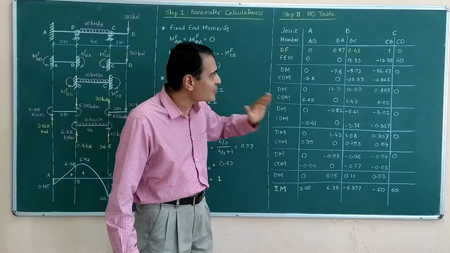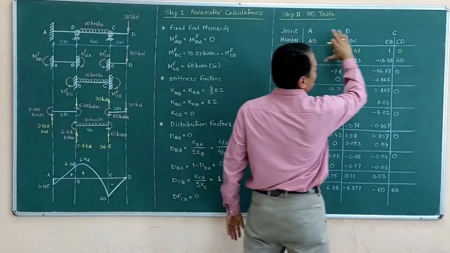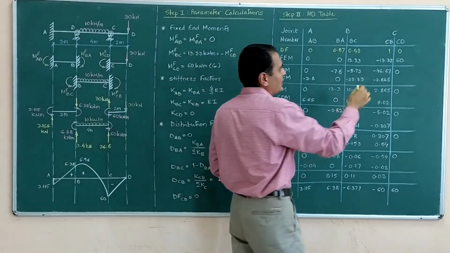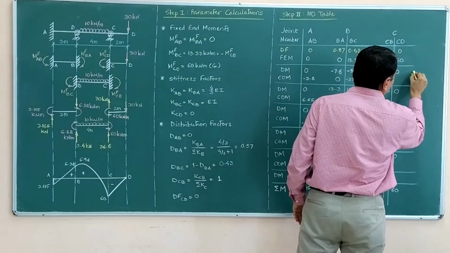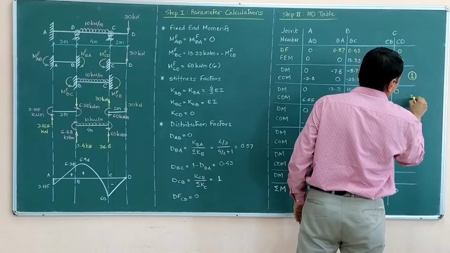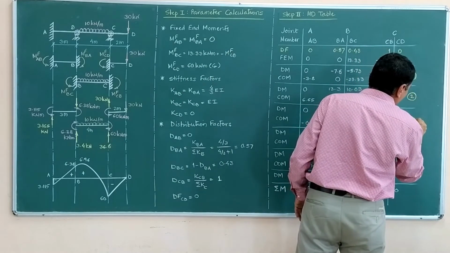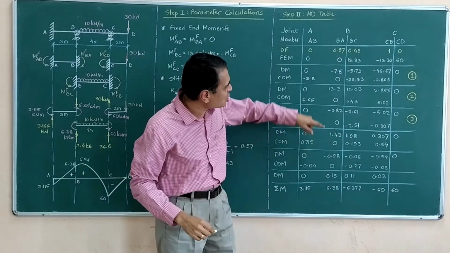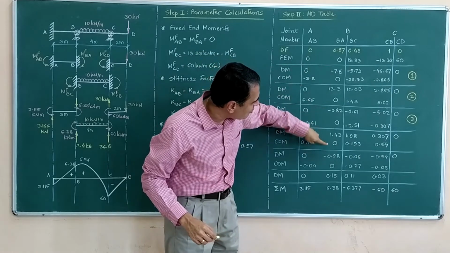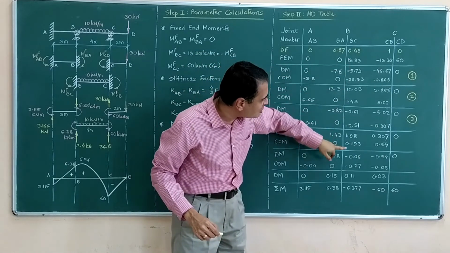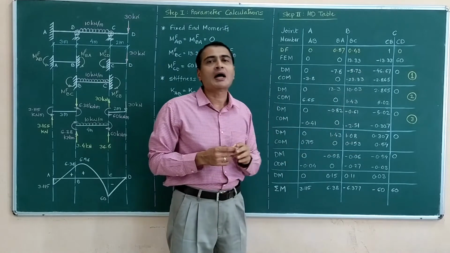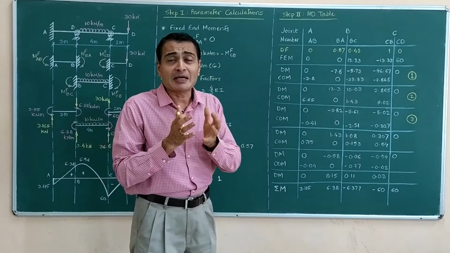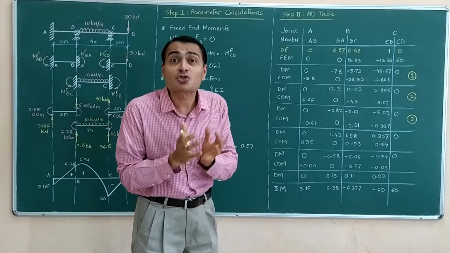Now that I have done 3 cycles, you are observing that this is compilation, this is collection of data, but this is our cycle 1, this is cycle 2, and this is cycle 3. So after these 3 cycles, I just take a summation of all these moments, so on and so forth. I am observing that I have not yet reached the equilibrium, the balance of the joint.